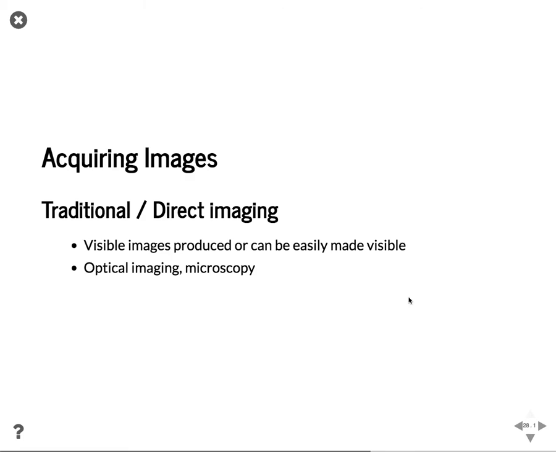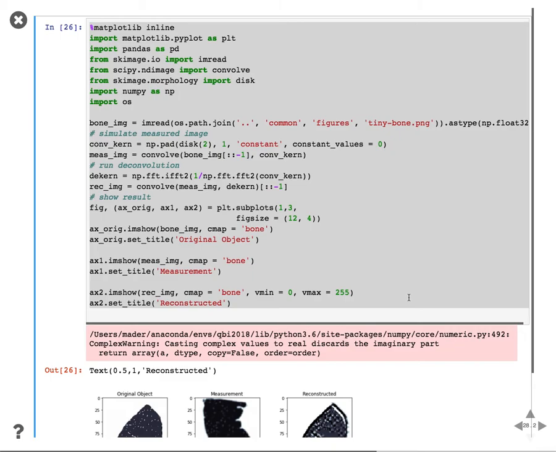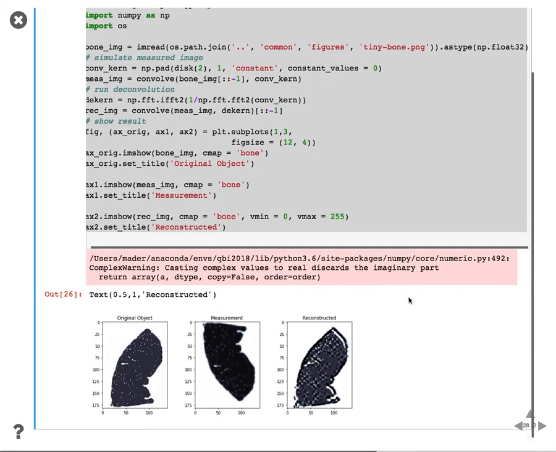So most of the imaging types we refer to are traditional or direct imaging, where visible images are produced and can easily be seen. So here, you have your original object, some sort of measurement that might flip your sample, invert it, blur it out a little bit, and then some attempt to reconstruct what the original image must have been based on what happened.